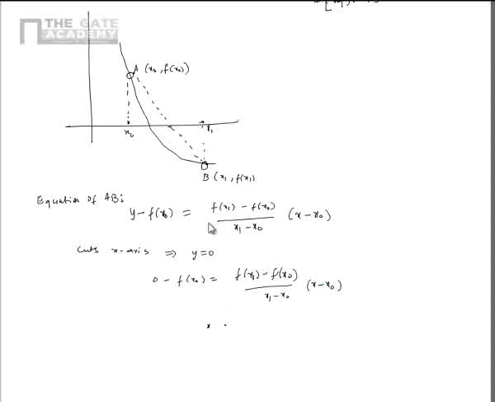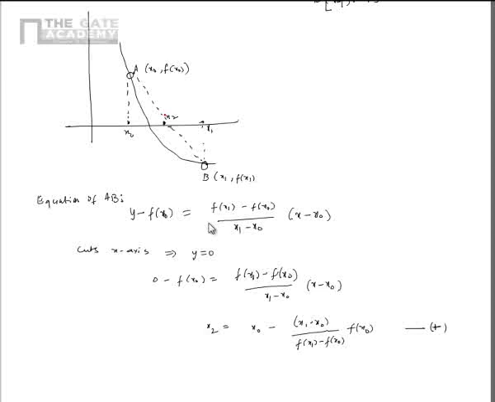Let's call that point x2, the point where it cuts. So x2 is x0 minus (x1 minus x0) by (f of x1 minus f of x0) into f of x0. This is an important equation. This is one approximation of the root.